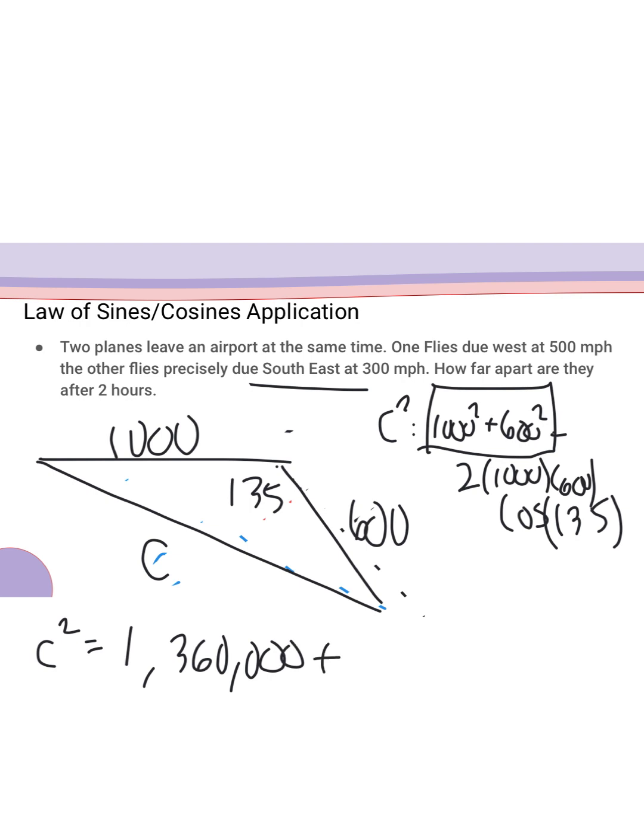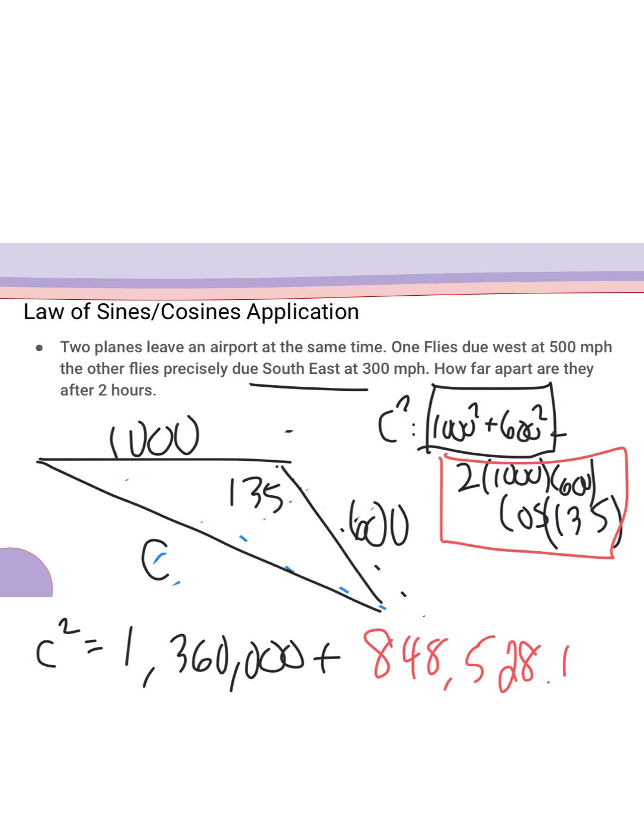plus, now let me use a different color. So I'm going to do the minus 2 times 1,000 times 600 times cosine of 135. Now it's going to get a little bit weird because it's actually going to be an addition. The reason why that happens is because cosine of 135 is actually a negative value. So what that will mean is that we basically add them together.